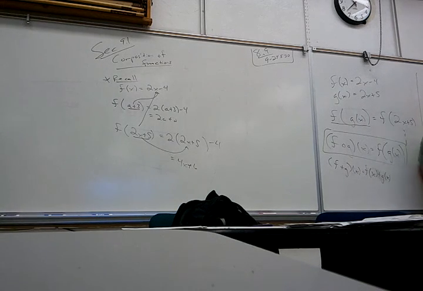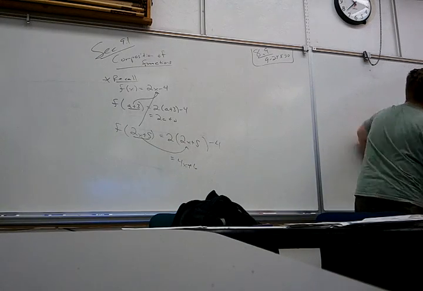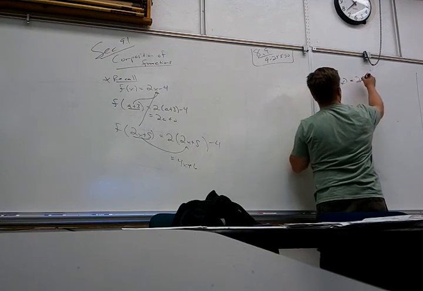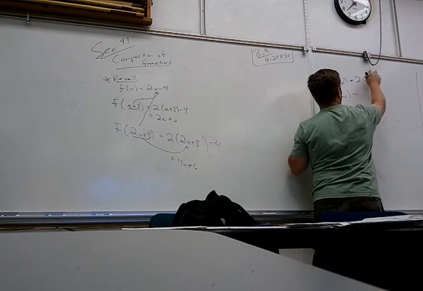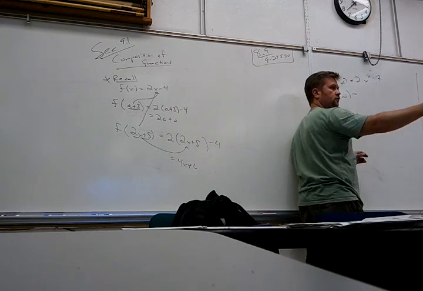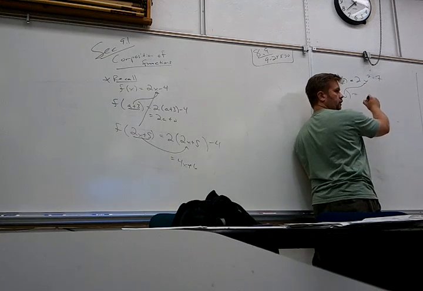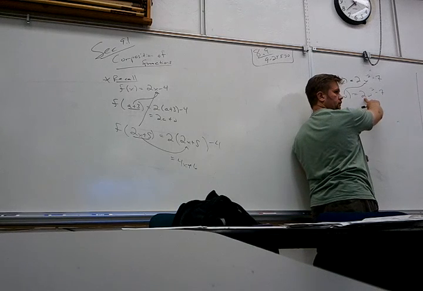Again, if h of x is 2x squared minus 7, what's h of w? 2w squared minus 7. Yes, because what do you do with the w? Plug it in. So 2w squared minus 7. Why is that 2 there?